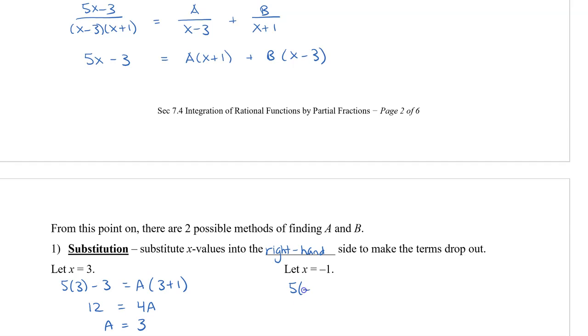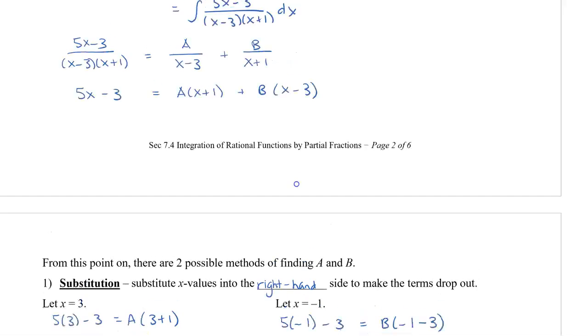So now we have 5 times negative 1 minus 3 equals B times negative 1 minus 3. So negative 8 equals negative 4 times B, and B is equal to 2. So this is great. Now I know A is 3 and B is 2.